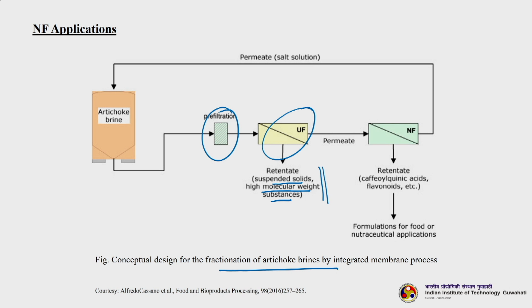That is why there is a need to pre-filter, as well as to place a UF, so that the UF removes most of the suspended solids and the high molecular weight components. The permeate, devoid of all these things and having only smaller molecular weight compounds and ions, is fed to the NF. The NF retentate is basically caffeoylquinic acids, flavonoids, etc., and this goes for formulation for food or nutraceutical application.